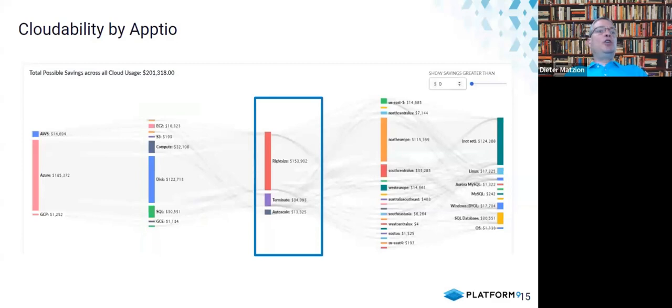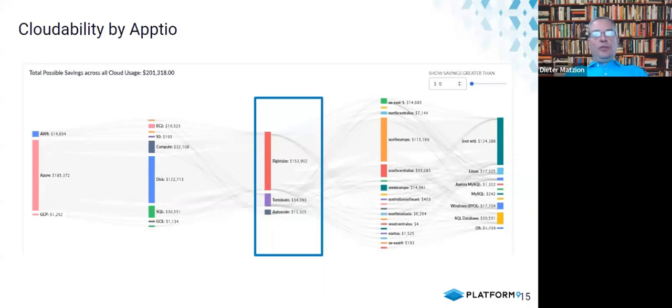And on the top left, we see that the total optimization is 201,000, right? So now in this box here in the middle, we see the breakdown of those. There are about 150,000 in right-sizing recommendations, 124,000 in just, this is no longer needed, you can safely terminate it, and a small portion in auto-scaling.